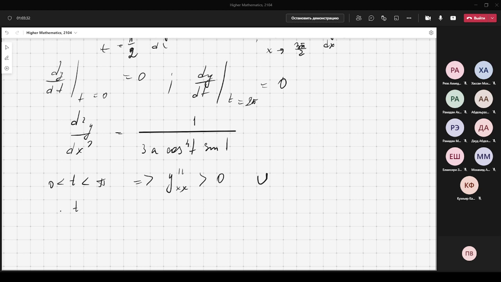For t from pi to 2 pi, the second derivative of the function y is less than 0. The curve is convex. On the basis of this investigation, we can construct the curve.